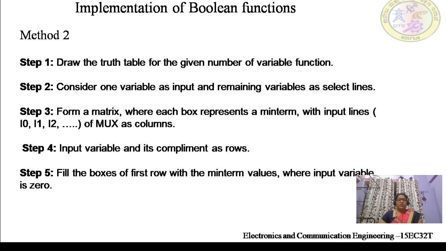That means if it is a three variable expression, the truth table contains totally 8 entries. If there are two variables, the truth table contains only 4 entries. So first we have to see the number of variables, and depending on that we have to construct the truth table.